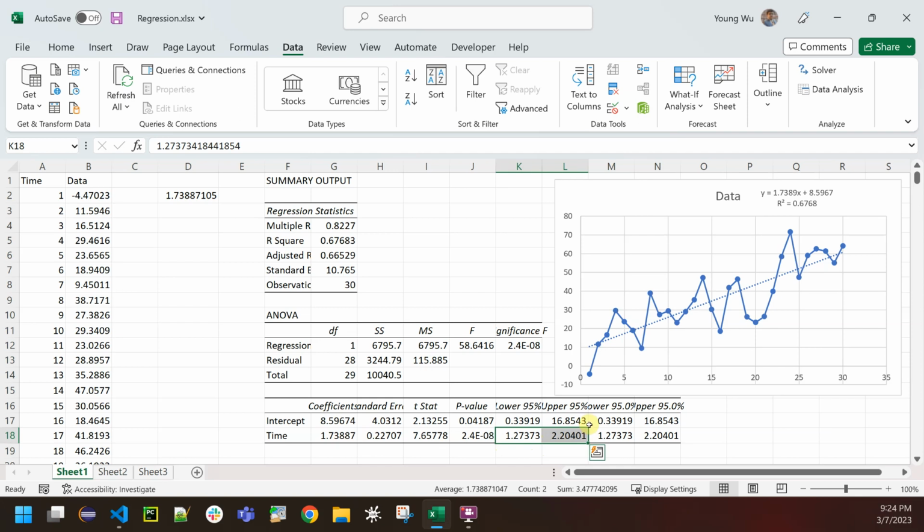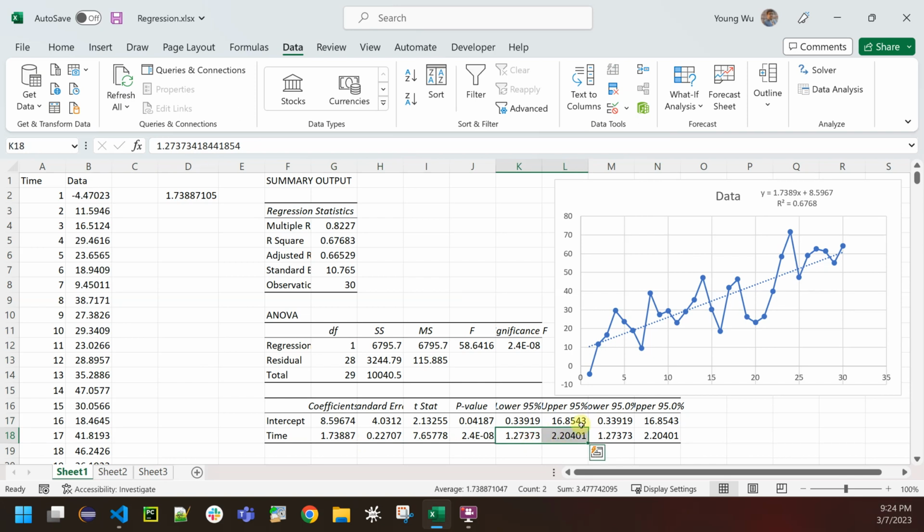And 95% confidence means if this thing is repeated 100 times, around 95 times the true coefficient or the true slope will be between these two numbers. So basically, it means it's highly likely that the linear trend coefficient is between these two numbers.